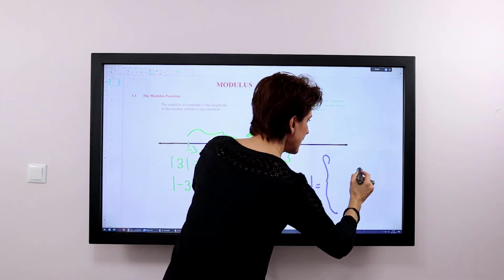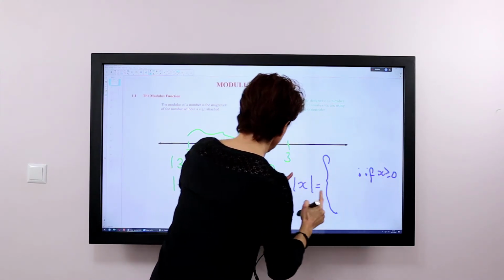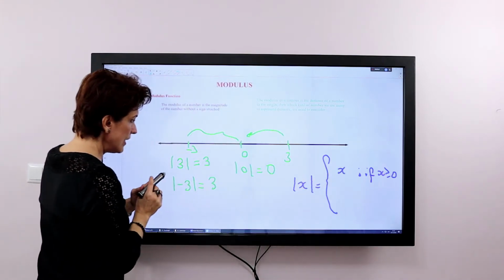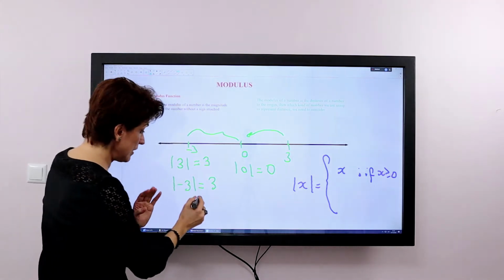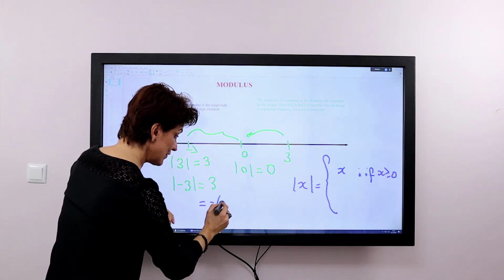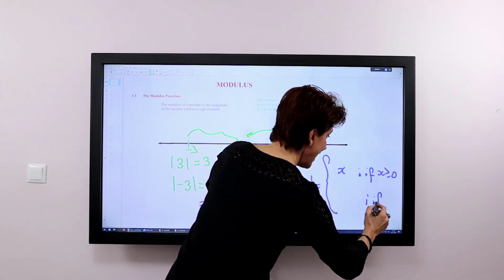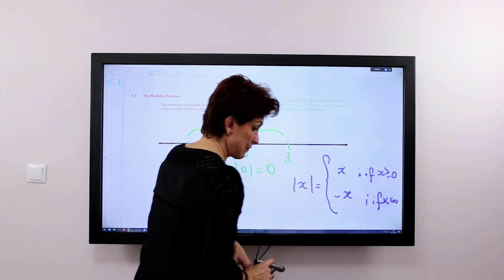If x is greater than or equal to 0, we can represent it as x. Here, negative 3 becomes positive 3, so how could it be negative 3, right? So, if x is less than 0, the modulus is negative x.